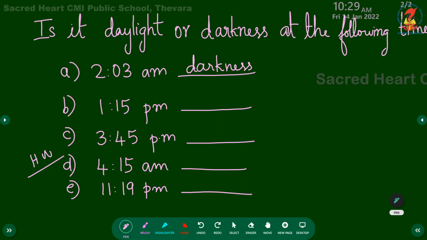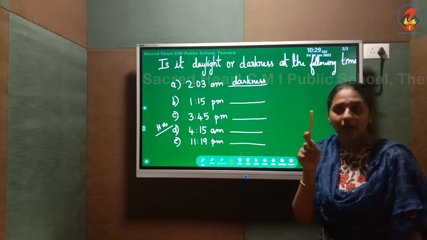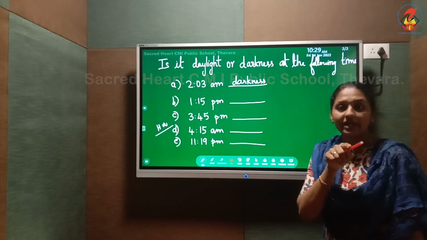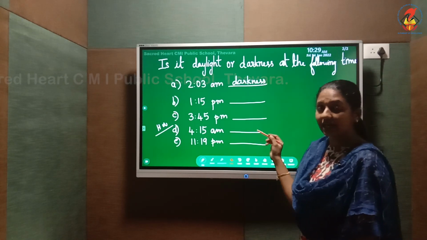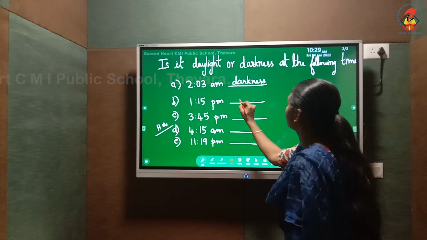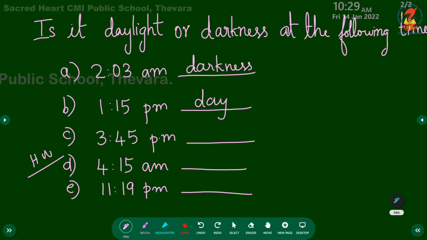Then 1:15 PM. When can we use PM? After 12 noon to before midnight 12. So is this darkness or daylight? It's daylight.